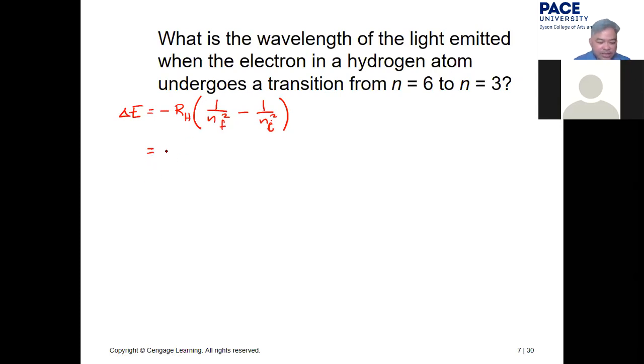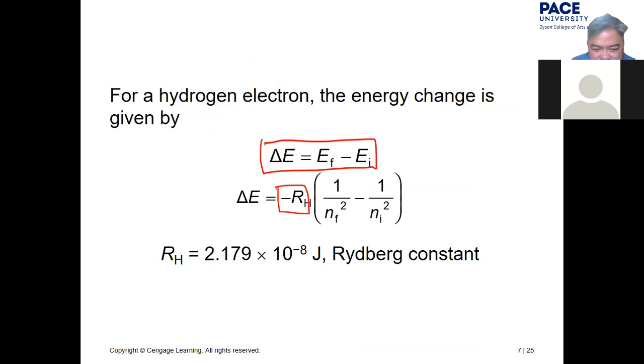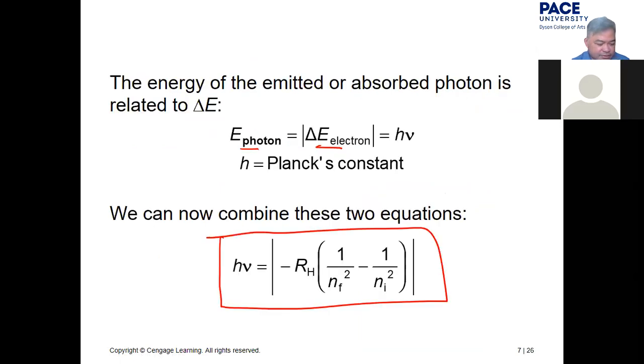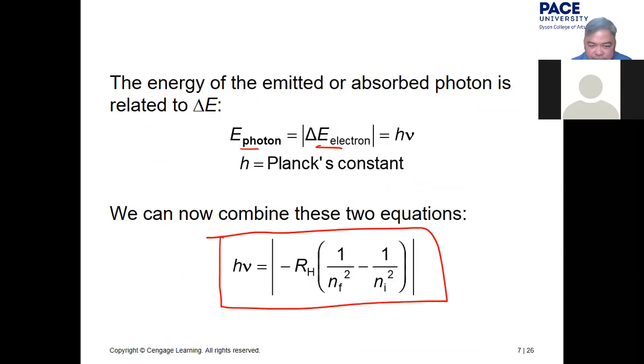we can put the Rydberg constant here, negative 2.179 times 10 to the, what's the value that we have there in the Rydberg? Negative 18. There's something wrong here.